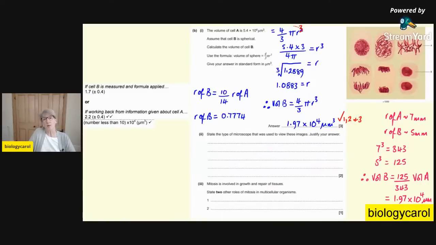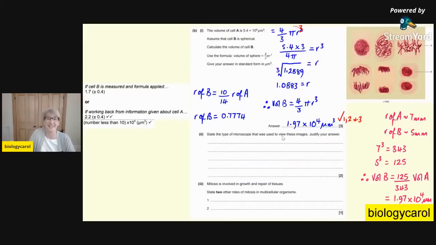So if I work out the relative fraction of R cubed of each of these, does it make sense that the volume of B ends up being 1/25th of 343 over that fraction of volume A? And therefore, if I had gone down this route, I would have ended up with exactly the same answer, but quite possibly more quickly. All right, so just showing you that bit of maths as well.